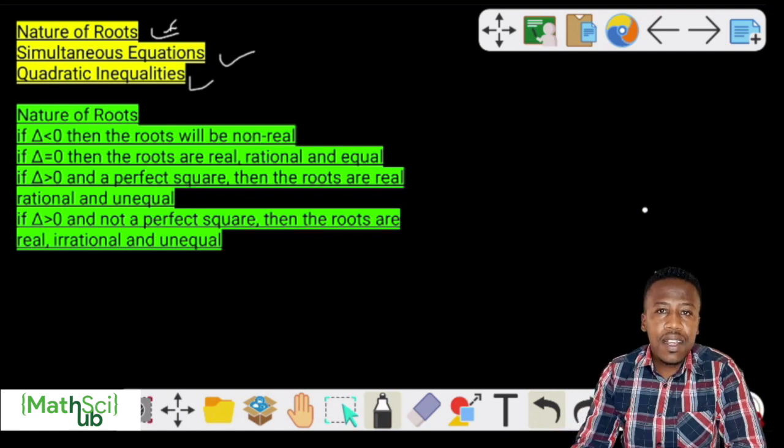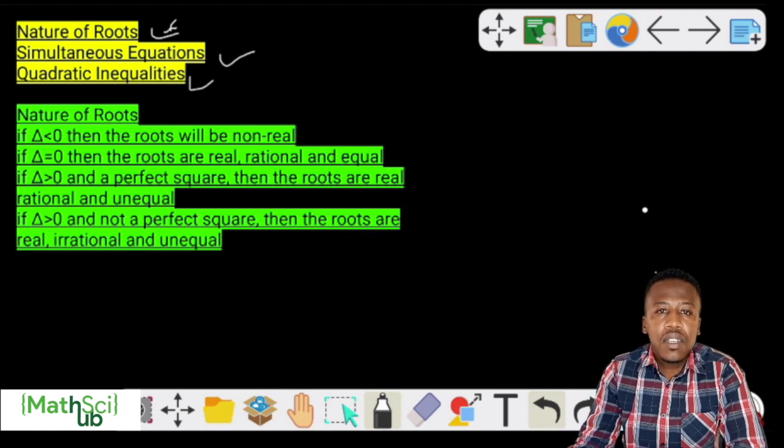Remember, we spoke about different methods in trying to solve quadratic equations, right?